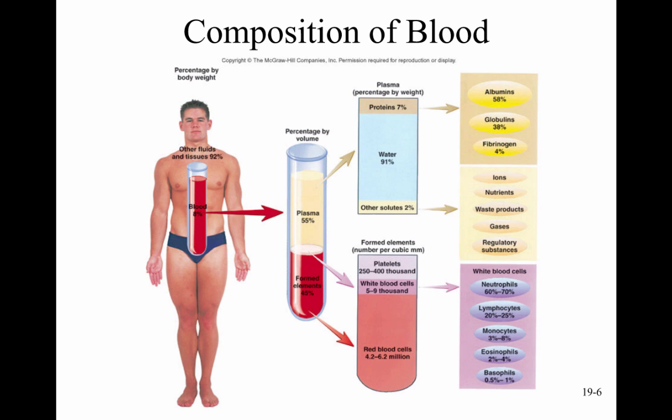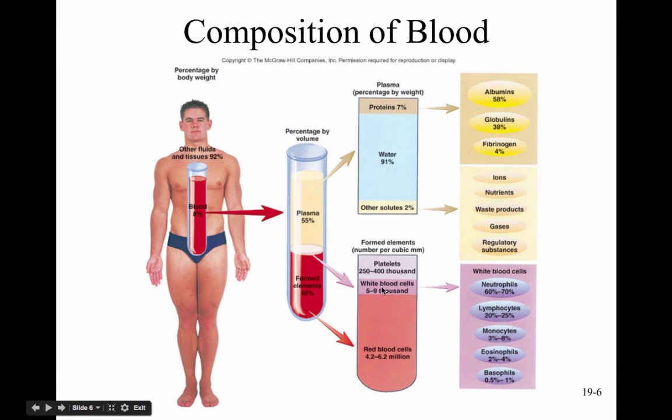So this is what's called hematocrit. If you take your blood and put it through a centrifuge, which spins really fast, all the heavy stuff gets pulled to the bottom and the lighter things are on the top. You'll see that the formed elements, 45%, go to the bottom, and most of this is made up of red blood cells.